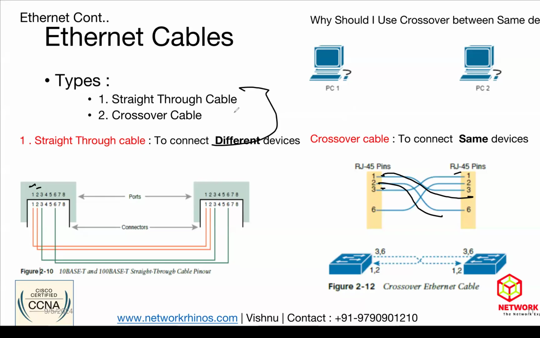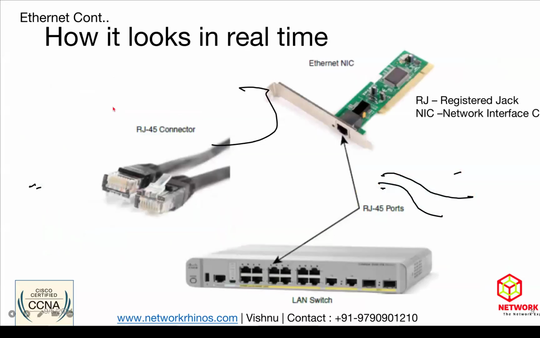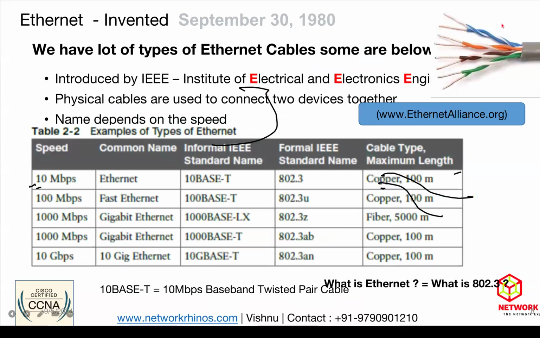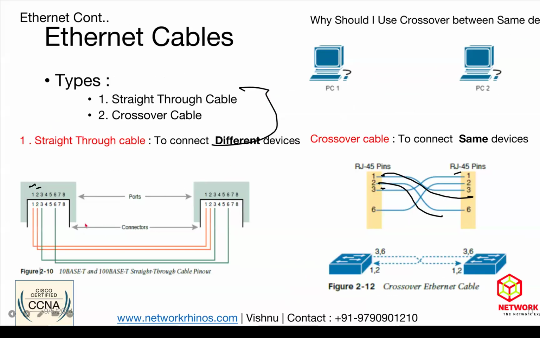The color coding will be the same. It has 4 colors: blue, white blue, orange, white orange, brown, white brown, green, white green. If they are connected straight, then we use it as a straight through cable.